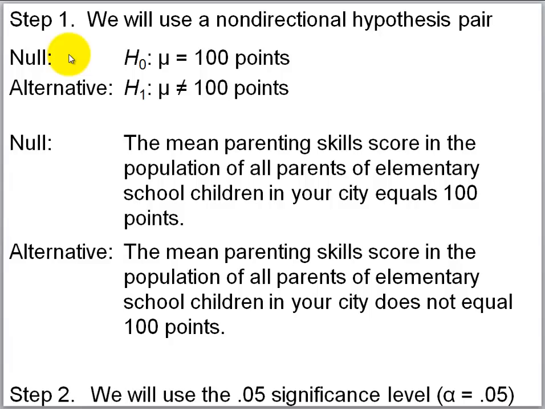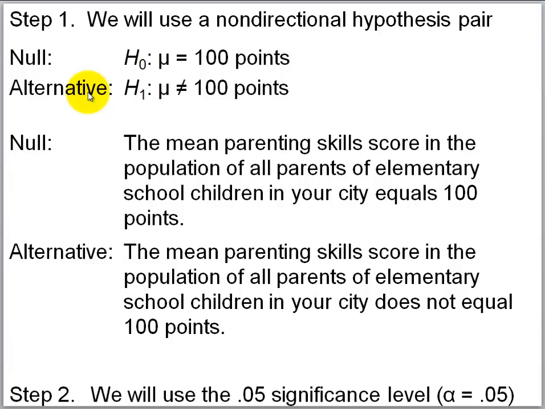So if I state that differently, it would be that in the population of parents in your town from which you selected your random sample, in that population, the mean is 100 points.